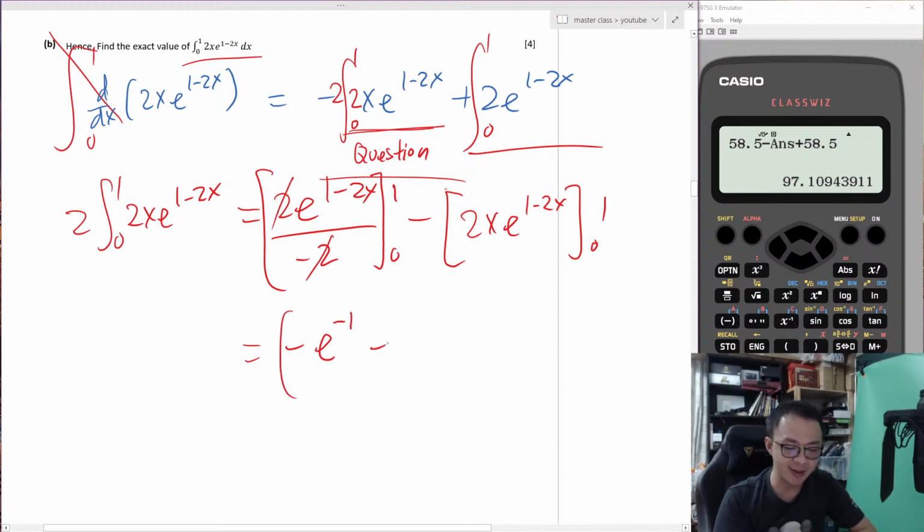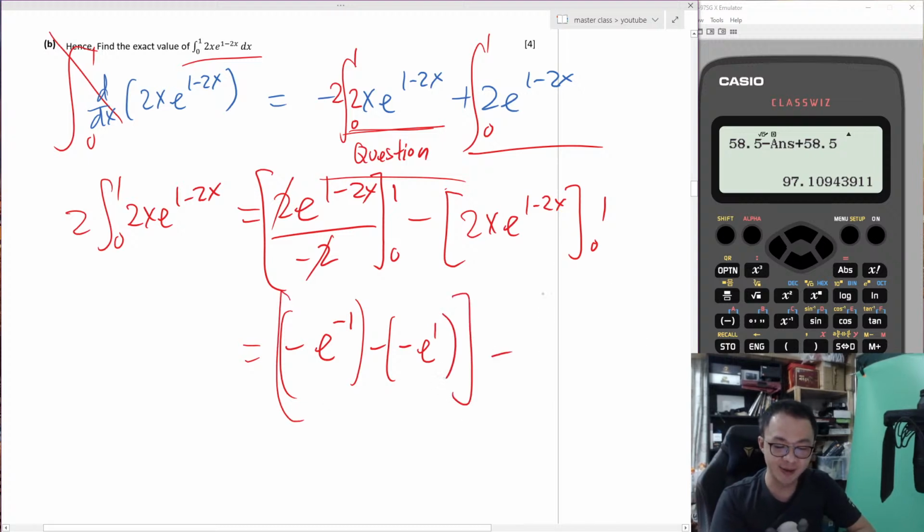And then minus negative e sub the 0, e^1. Okay. And then minus, this is 2. And then sub the 1 into here is e^-1. And then we sub the 0 is 0, minus 0. Okay.